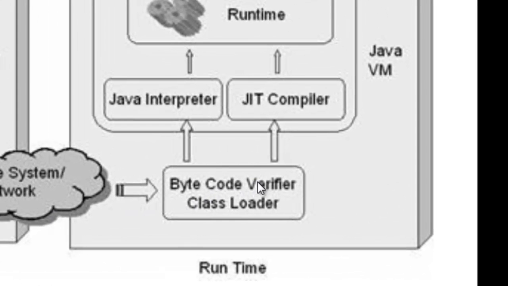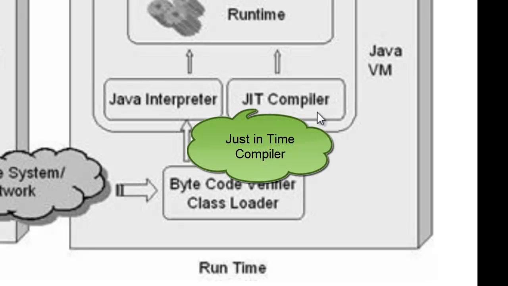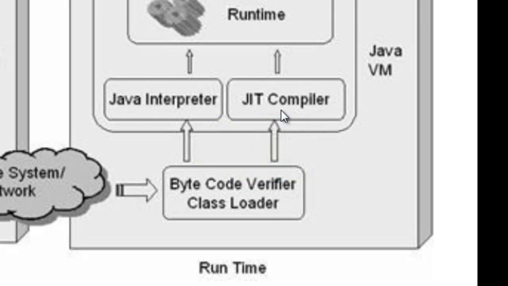So to make this machine instruction executable, we must recompile this code at the time of execution, and we require the JIT compiler for that. JIT means just in time. Compilation at the time of execution is known as just-in-time compilation. That's why we call it the JIT compiler. And after that, our interpreter will execute the code line by line.